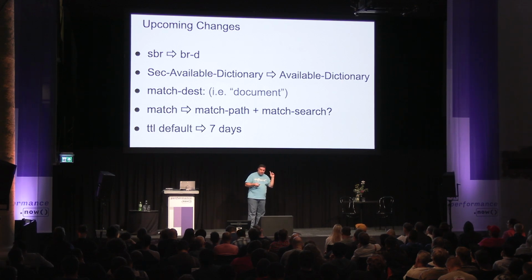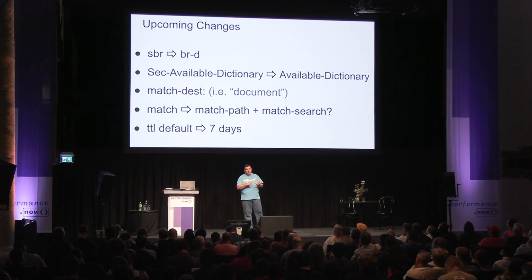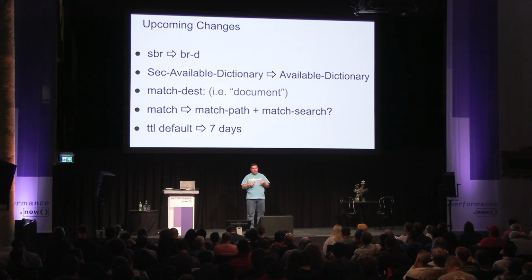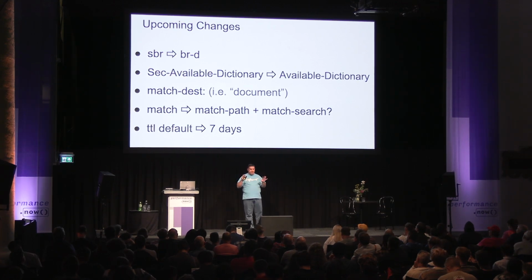The match wildcard that we have in place right now is probably moving to URL pattern, which is used for service workers and speculation rules and is the direction the web platform is generally moving if you want to specify URL path matching semantics.